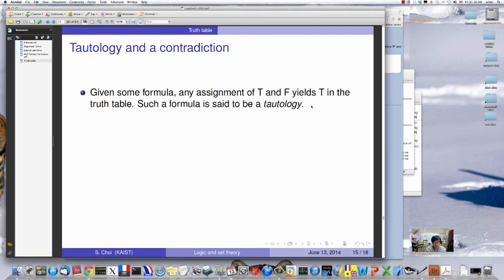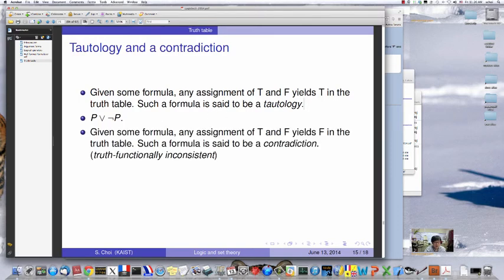So such a formula is said to be the tautology. So for example, this one, and when you have a formula, any assignment gives you false, then this is called a contradiction or truth functionally inconsistent. So something like this.